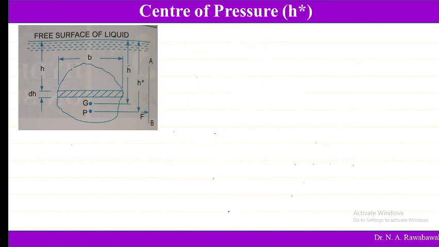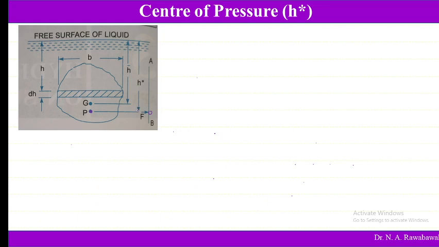Now coming to the next, center of pressure, where the center of pressure acts. First of all we can see this point P, at point P this total pressure or force is acting. If we take the moment of this force about the free surface of liquid, that is the product of F into h star.